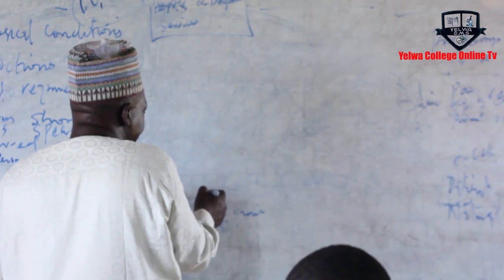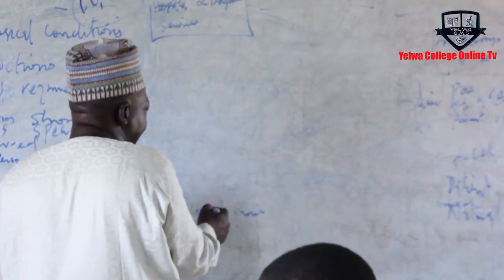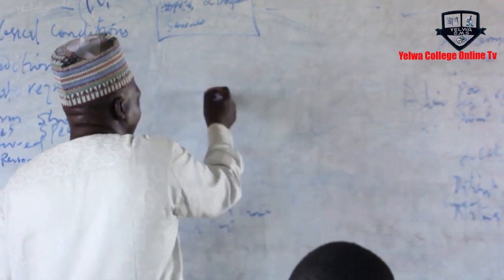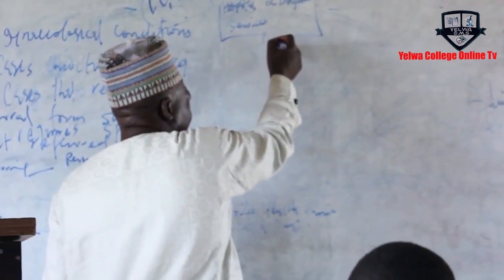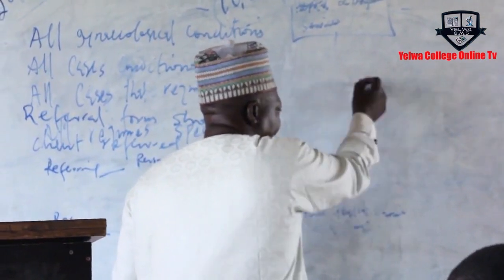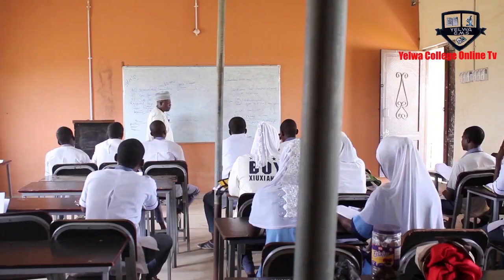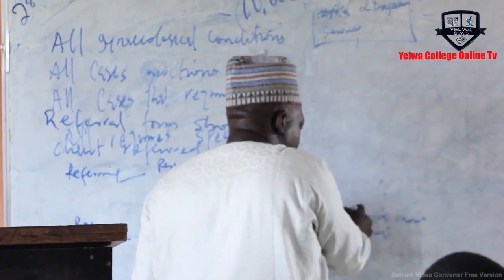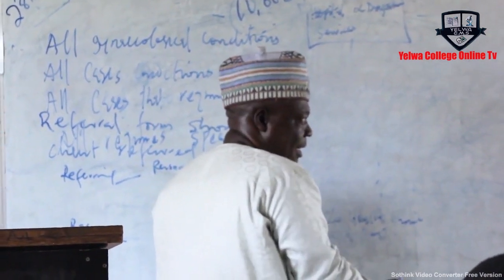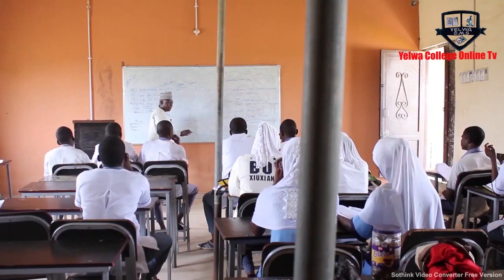Here, this mobile health clinic can refer patients to the general hospital. Once they refer patients from here to the general hospital, it becomes an emergency referral. You get it? But this hospital can refer back to the health post. That is the normal referral.